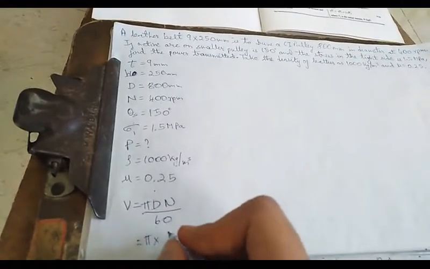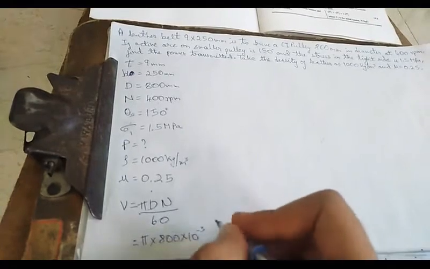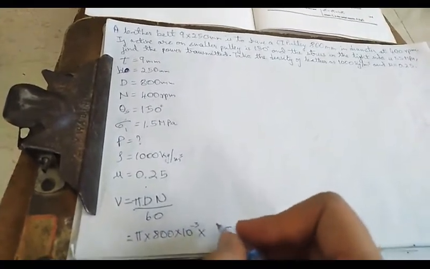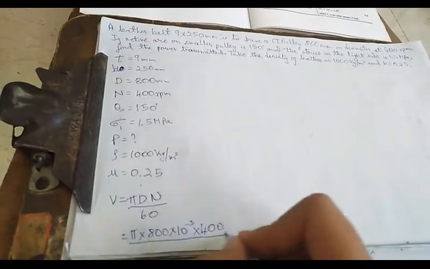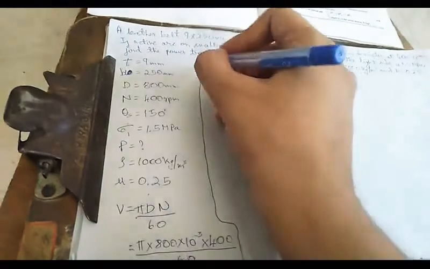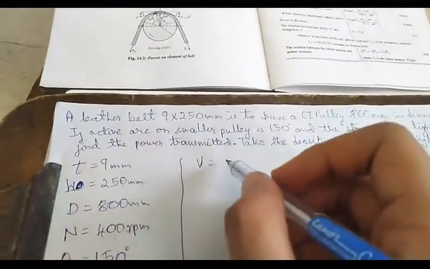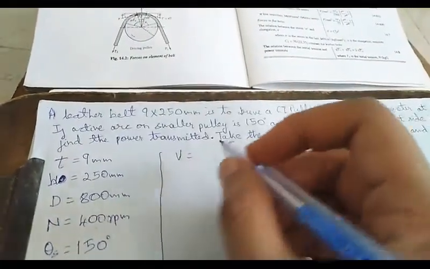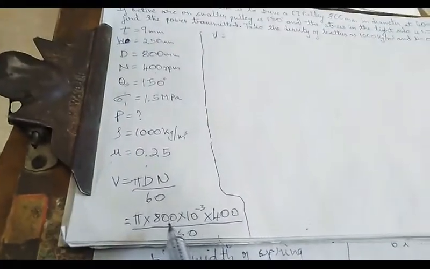Pi into 800 into 10 power minus 3 because I am converting mm to meter. N is 400 by 60. So velocity we will get the value of velocity as... Since they have given thickness T is 9 mm, we shall add diameter with thickness.